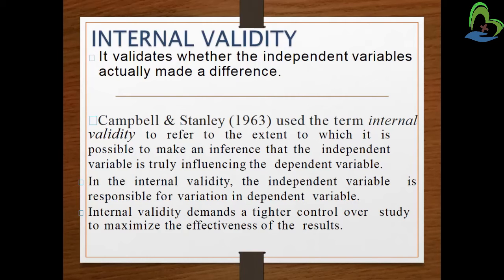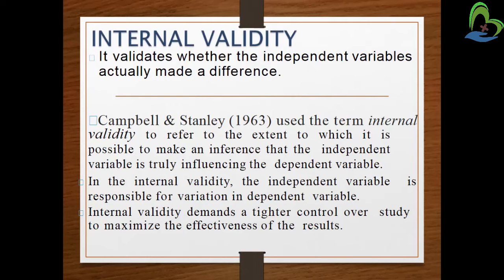Just take an example. If a person with COPD is smoking, the COPD patient is the dependent and smoking is the independent. If smoking is making an influence, triggering respiratory problems, that is the independent, and it is influencing the dependent variable. Again, with internal validity, the independent variable is responsible for variation in the dependent variable.